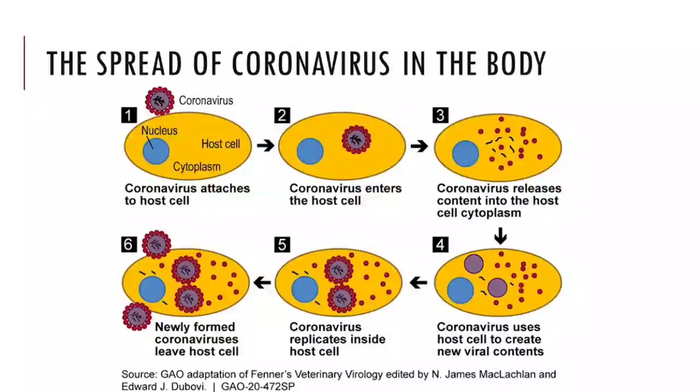Look at the route, how the coronavirus is being spread, how it enters a host cell. Now, we have to find a way so that the entry of the coronavirus will be interrupted, so that the coronavirus will not have a chance to attach to the host cell. This is one very important point that all of us need to understand.